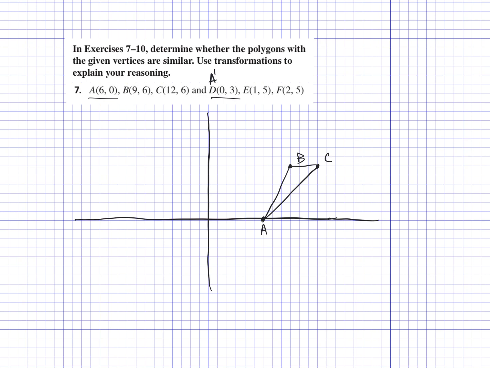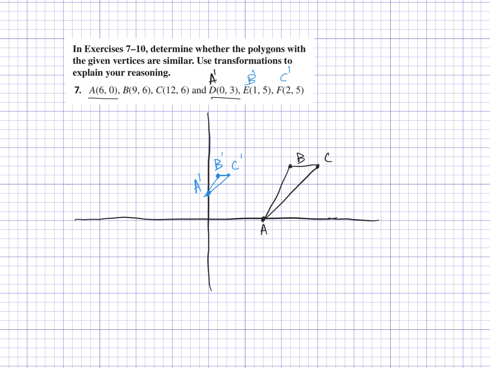So we'll say A prime is at 0, 3, and B prime is at 1, 5, and C prime is at 2, 5. Okay, well, they definitely look similar.